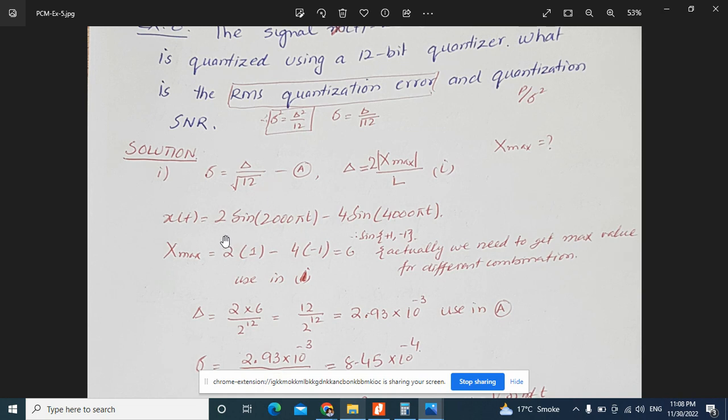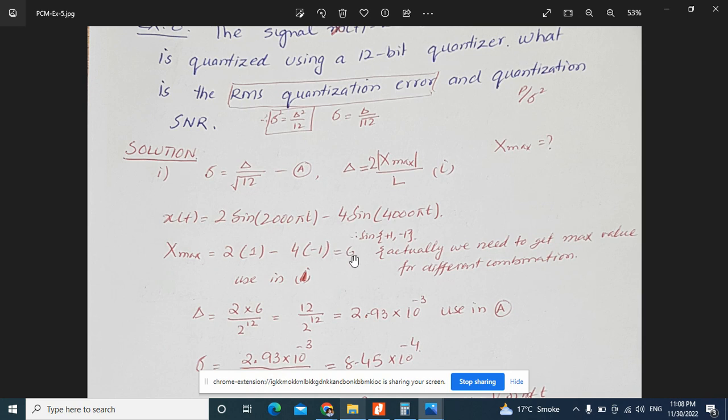We know that sine ranges from -1 to +1, so we need to try different combinations. Using the maximum value of sine, +1, multiplied by 2, minus the minimum value of sine, -1, multiplied by 4, we can have 6. So the maximum x max will be 6 in that case, because you need to take the x max.